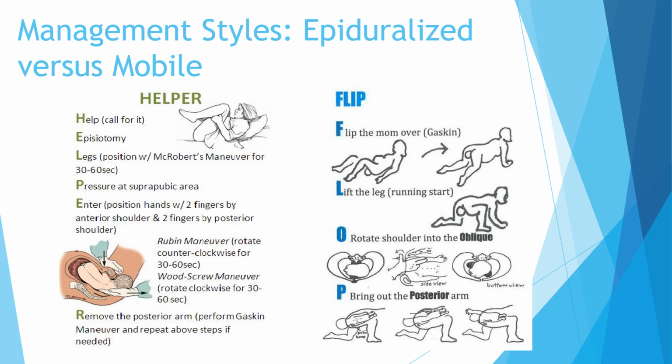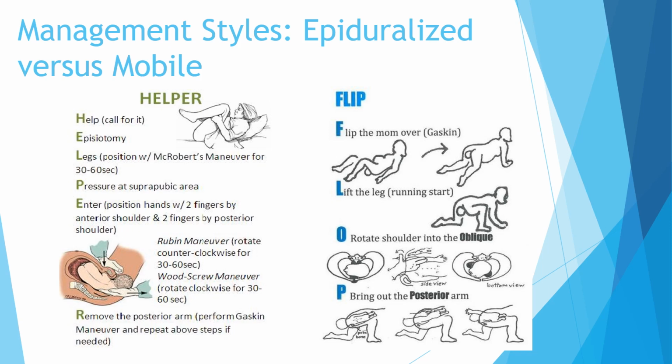Really exaggerating that McRoberts maneuver and suprapubic pressure will give a little more angle and space with the pelvis. So the goal with suprapubic pressure and the provider is to rotate that shoulder and help the baby deliver in that oblique angle.